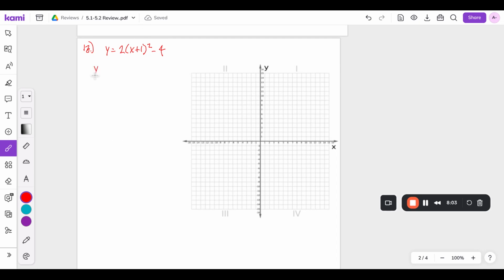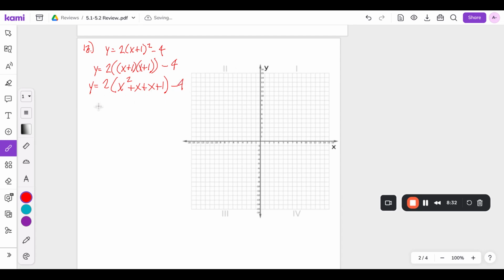Now remember, you do have to do PEMDAS, so this 2 stays, and then what's going to happen is you have to square x plus 1, minus 4. Okay, you have to do what's inside parentheses first. So y equals 2 times (x squared plus x plus x plus 1) when you FOIL.